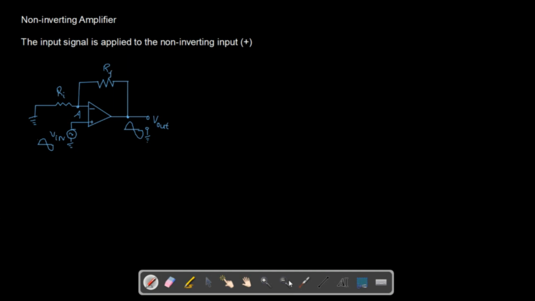This RI and RF, okay, basically will form a voltage divider. So maybe I can just write it down: RI and RF, it basically divides the voltage at the inverting input.